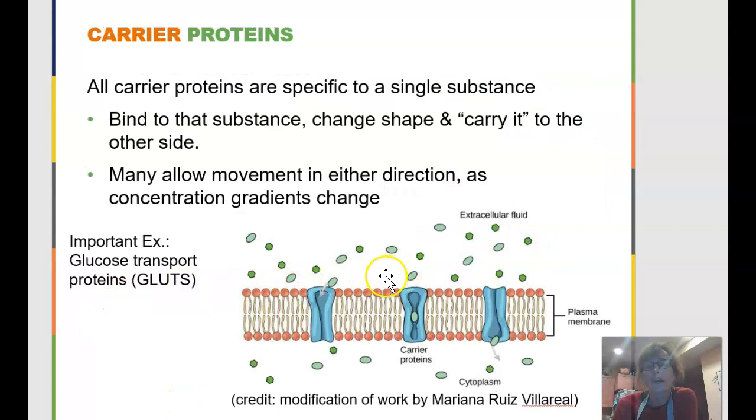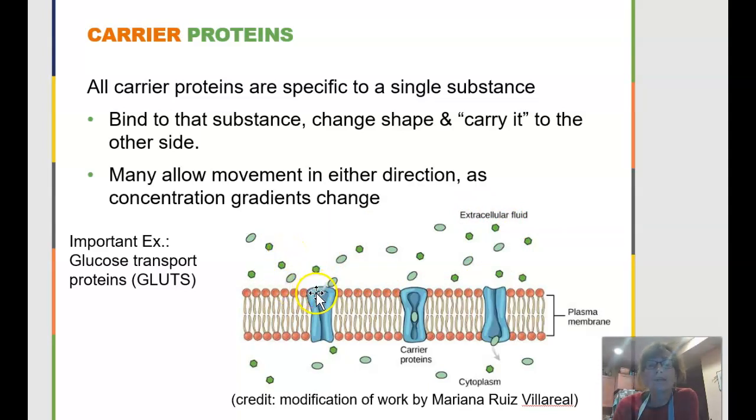Carrier proteins change in shape and allow things to pass through. Still no energy used. On one side of the membrane, the extracellular side, we have some fluids and some solutes. In this case, we're looking at glucose.